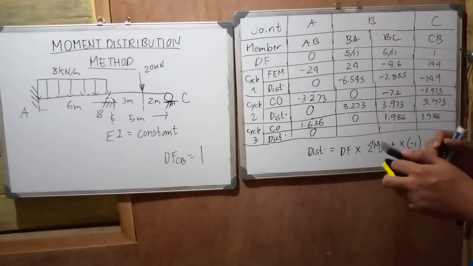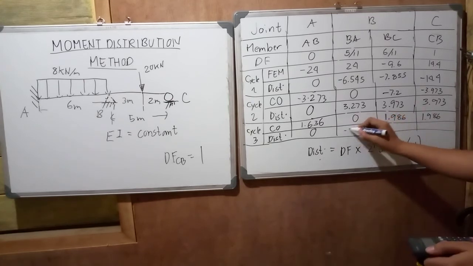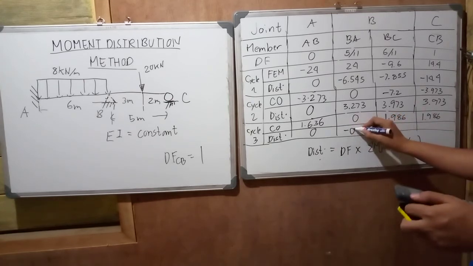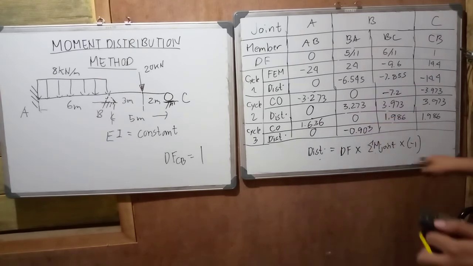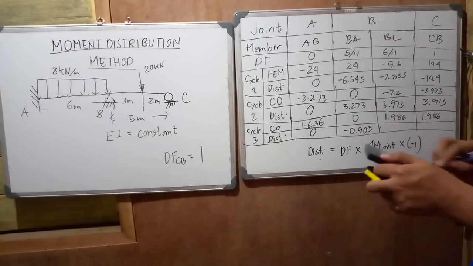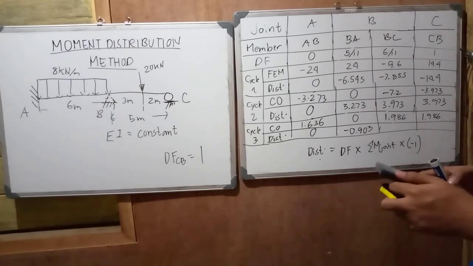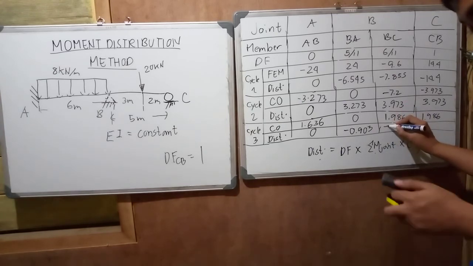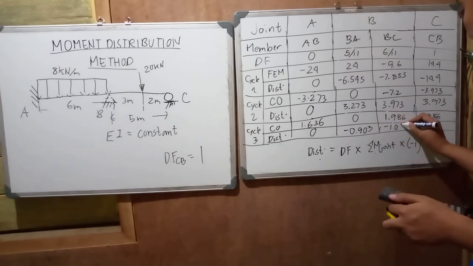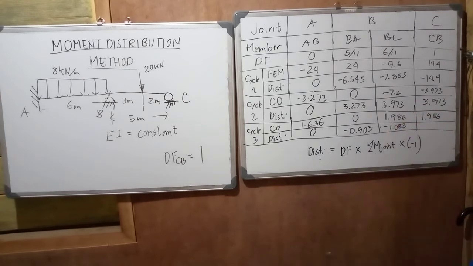So, therefore, this is 0, negative 0.903. Okay. Dito, 1.986 times 6 divided 11 na distribution factor times negative 1 equals negative 1.083. Okay.